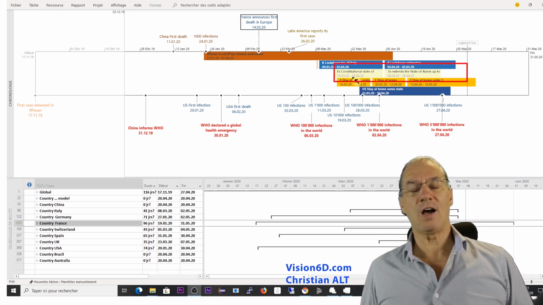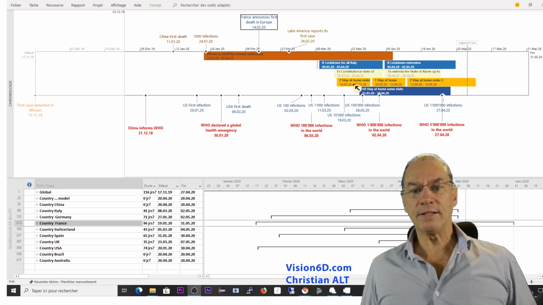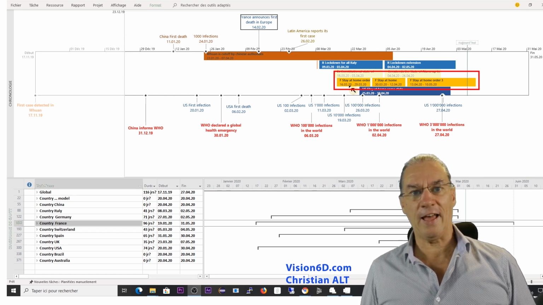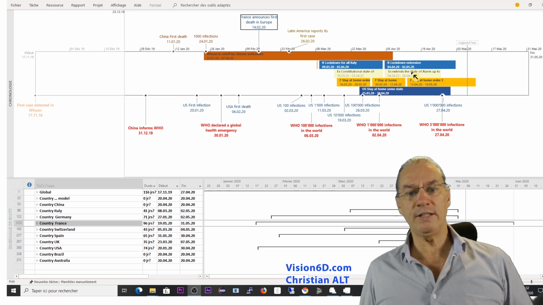The 15th of March, it was Spain that decided to lock down their towns. And the 16th, it was France that decided to have people stay at home. And this was renewed several times. It's what is shown here in orange for France, yellow for Spain, and blue for Italy.